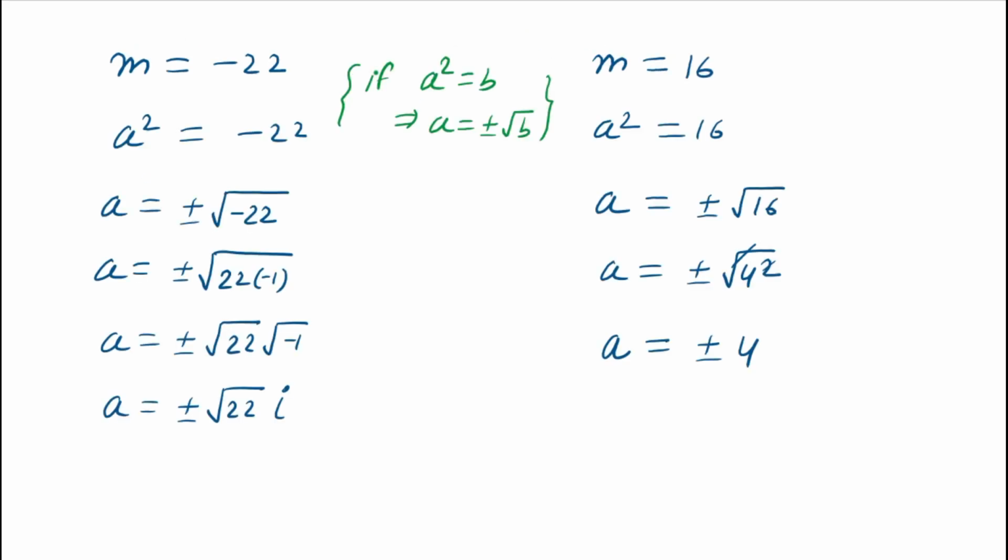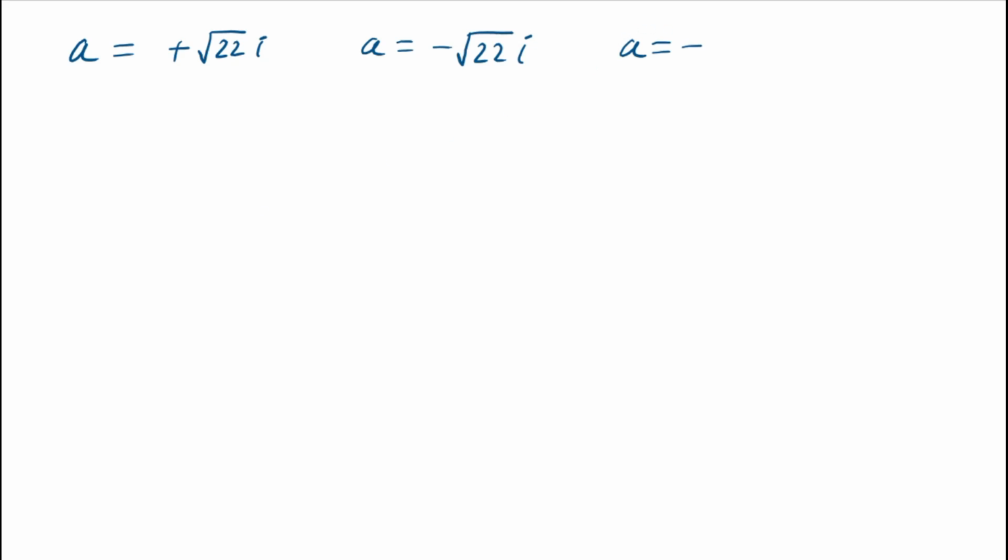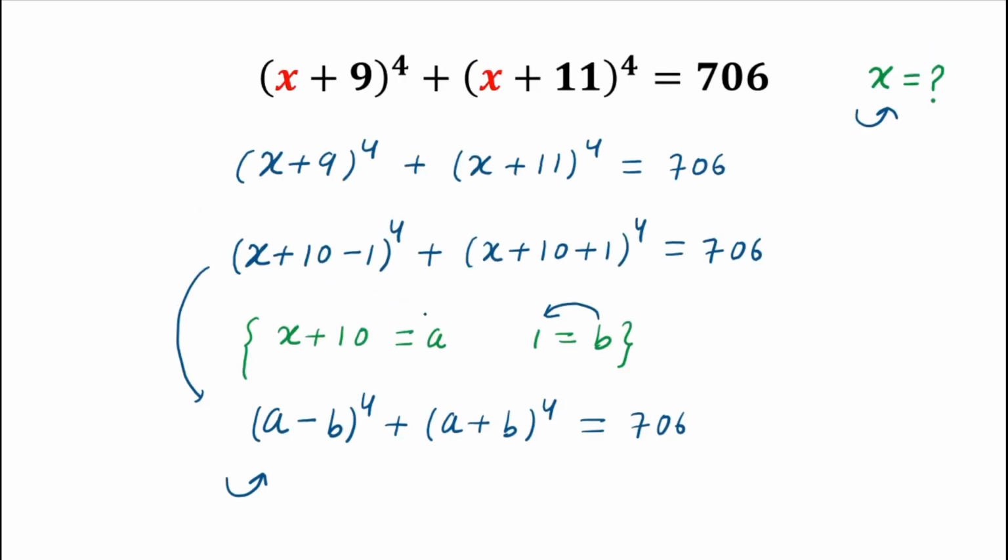First value of a is equal to plus square root of 22 times iota. Second value of a is equal to minus square root of 22 times iota. Third value of a is equal to plus 4. And fourth value of a is equal to minus 4. And we know that the value of a is x plus 10.